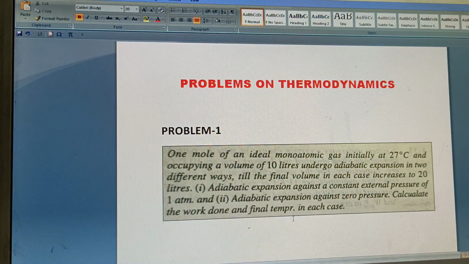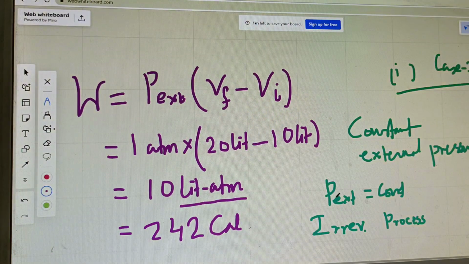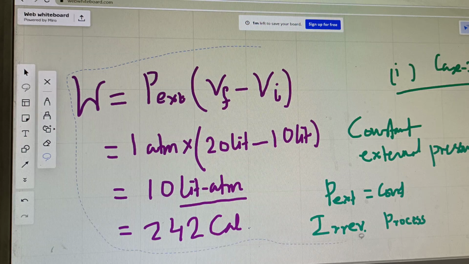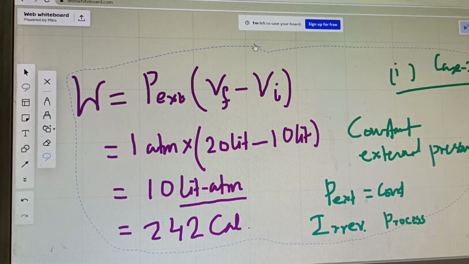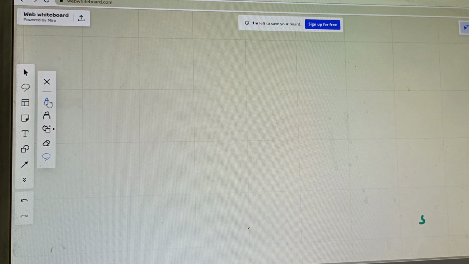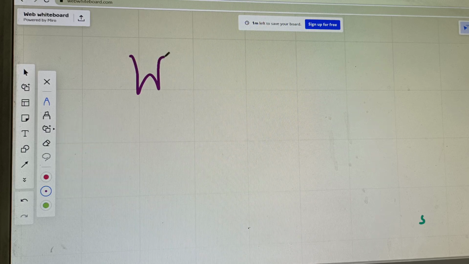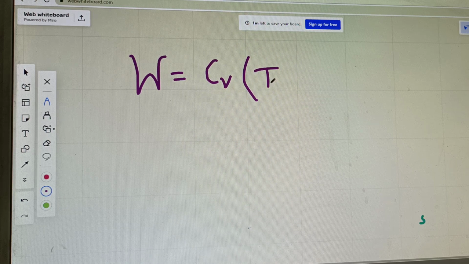The next question is to calculate the work done and the final temperature in each case. So we have to calculate now the final temperature. For case 1, the process is adiabatic and irreversible. Now we know that W equal to CV into T1 minus T2.